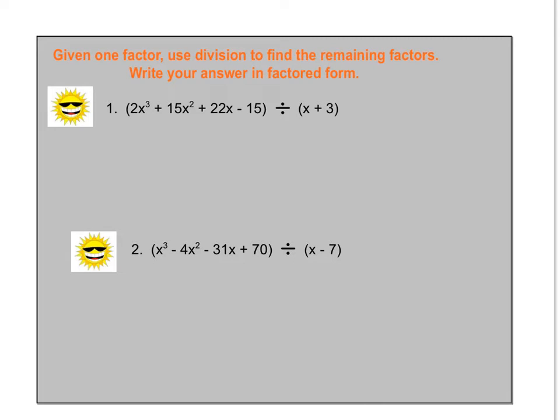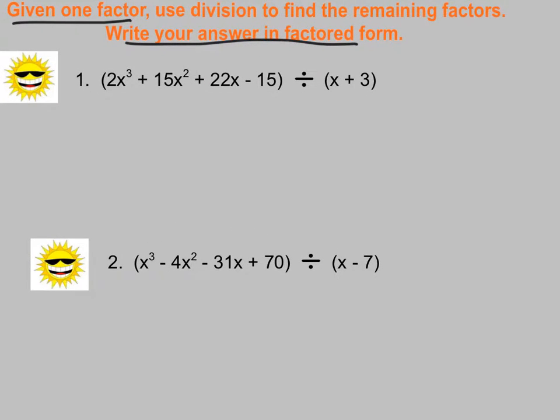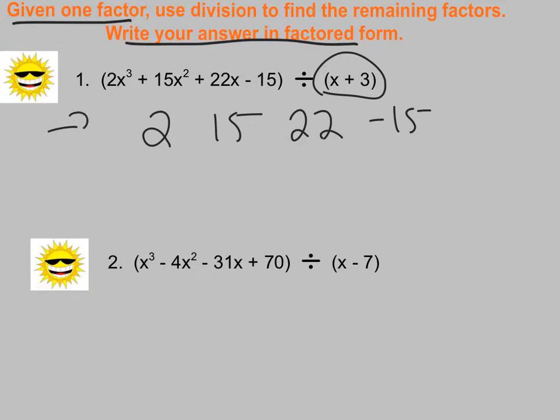So now solving, you're given one factor, and then write your answer in factored form. So try and factor it all the way down using synthetic division. So for number 1, I'm going to use 2, 15, 22, negative 15. And since it's x plus 3, I'm going to use negative 3.